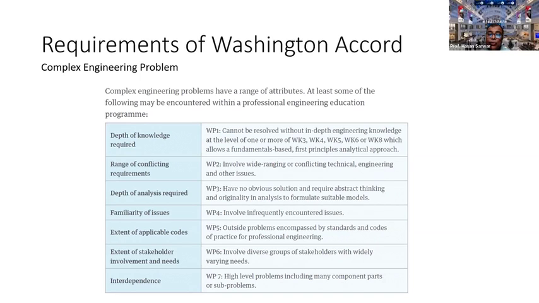And when there is no obvious solution, that means he or she has to go through a thinking process to imagine and find a solution through abstract thinking.